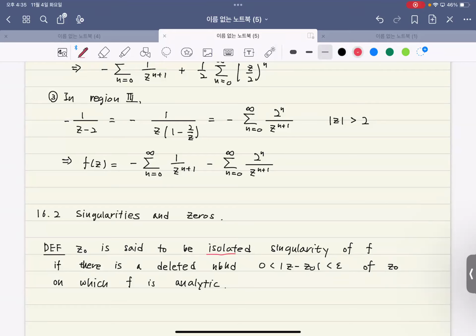So we define the notion of the isolated singularity.